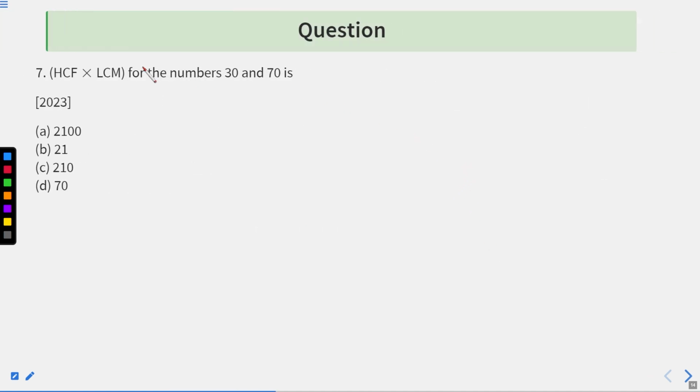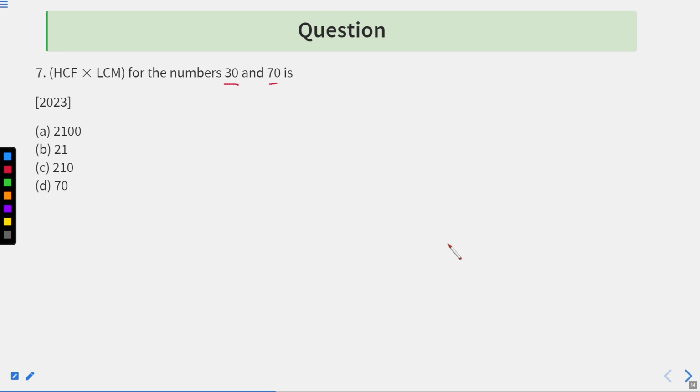So in the next question, we are given two numbers, 30 and 70, and we need to find the product of HCF into LCM. Okay. So students, you know this result: HCF into LCM is equal to the product of the two numbers.